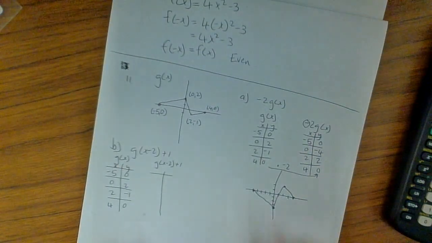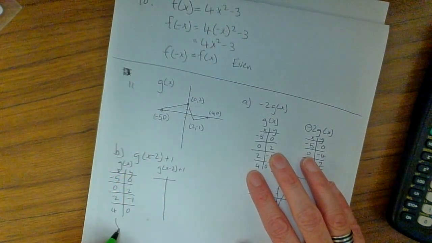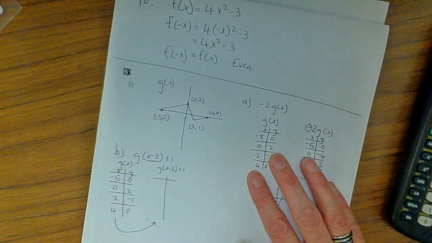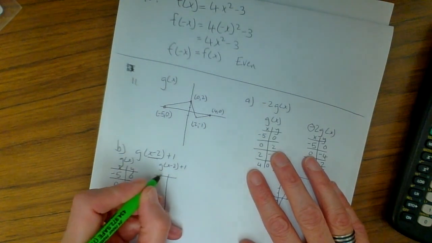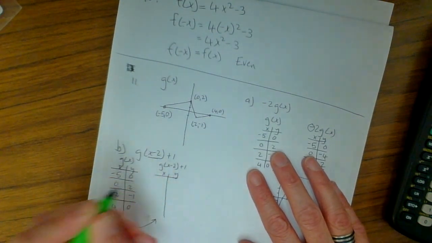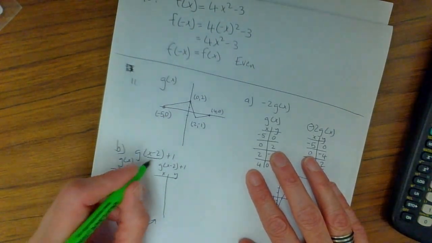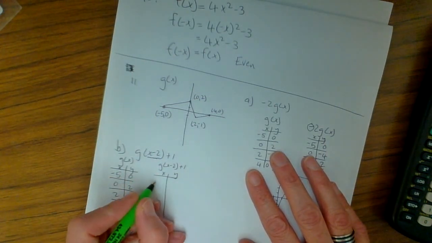Okay, so now let's look at this one because there are two things that happen. This happens to the x's before it's put through the function. So that means I have to add 2 because input effects are opposite. So I have to add 2 to all the x's.